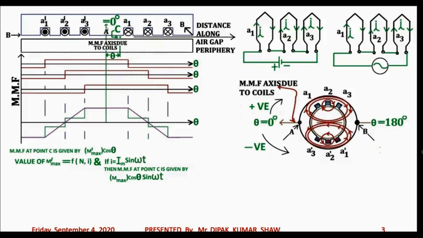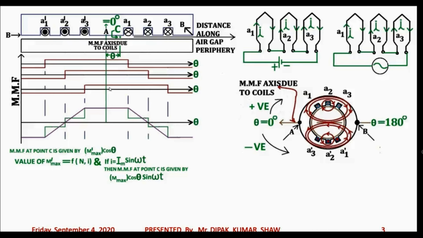That is, theta equal to 0 degree is defined for this axis which is passing through the point A on the stator core. So you are taking a point C which is theta degree away from this reference axis. So the value of the MMF at point C in the air gap will be given by M dash max into cos theta.